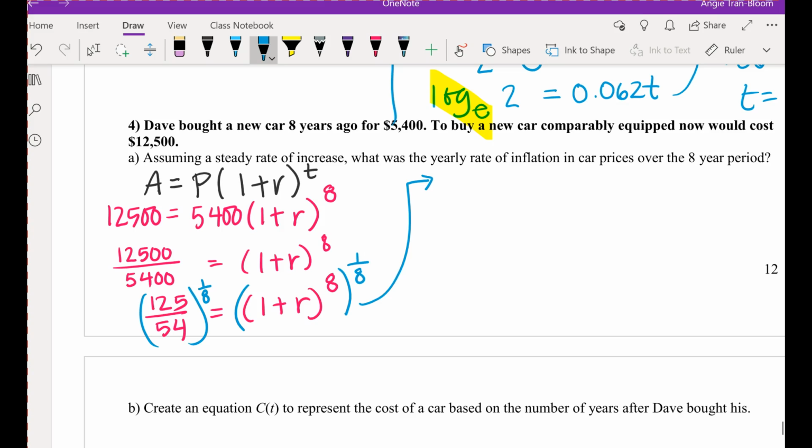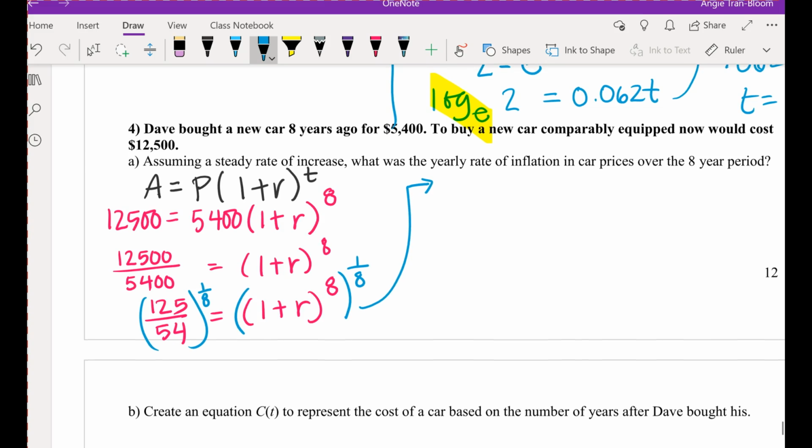Oh, I'm so sorry. And don't forget, you need to have a set of parentheses for the base, which is 125 divided by 54, and another set for the power. Okay. Alan, 125 divided by 54 to the power 1/8. Give it to me. It's all decimals. 549 equals to 1 plus r.